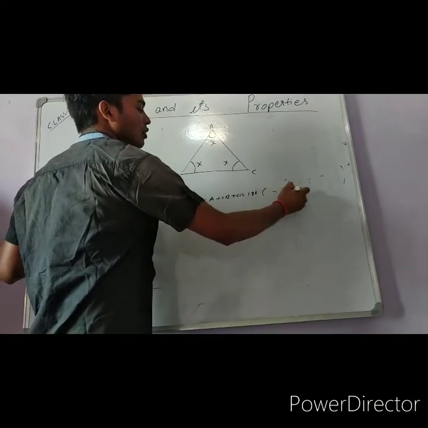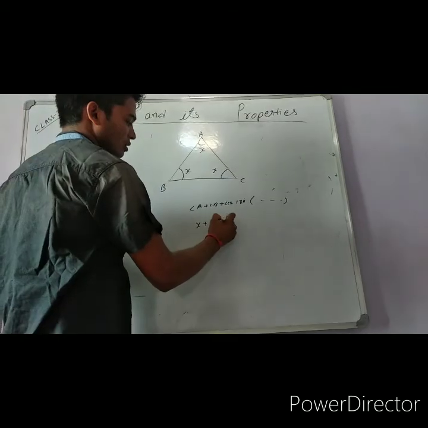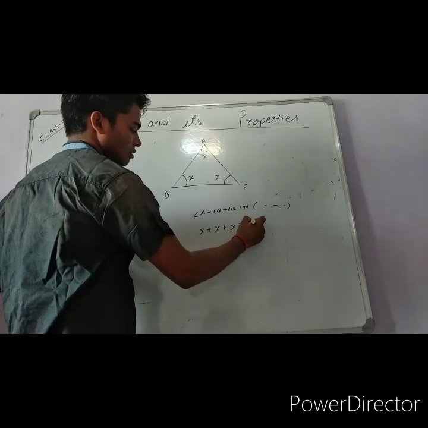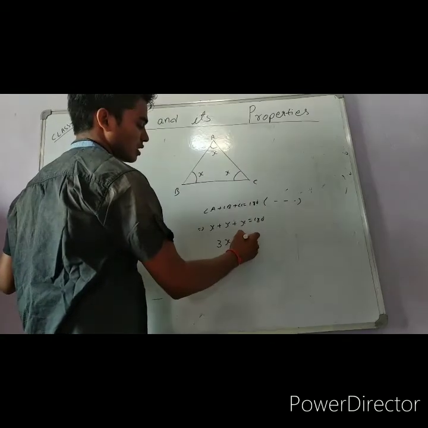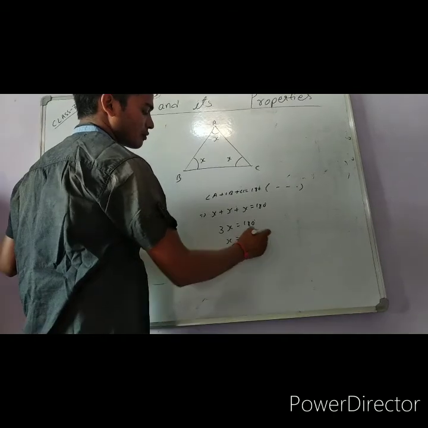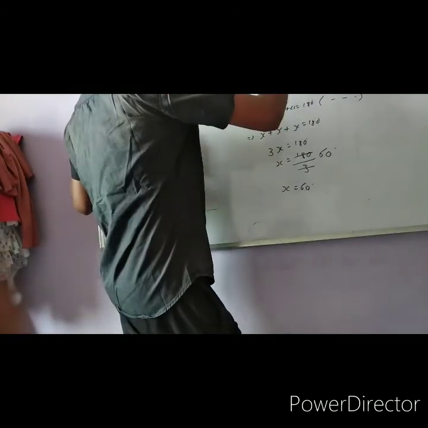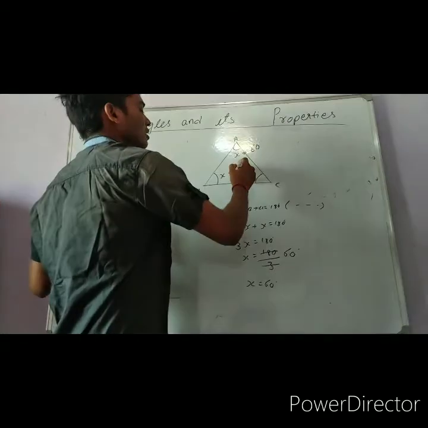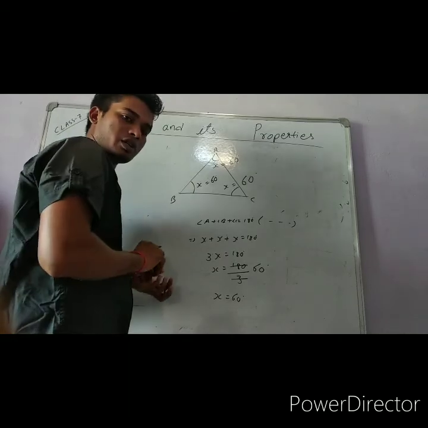Same angle sum property of a triangle. Now put the value: x plus x plus x, this is 3x, equals 180 degree. So x equals 180 by 3, this is 60 degree. So this is also 60 degree, this is also 60 degree, and this is also 60 degree. Okay, thank you.